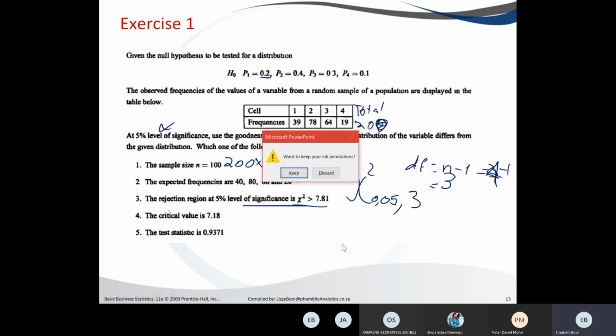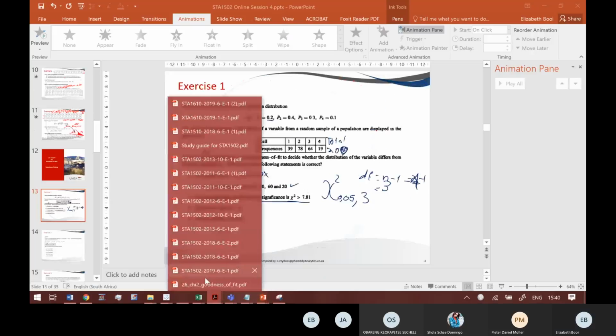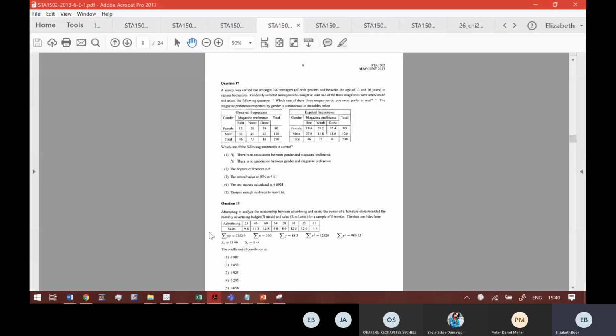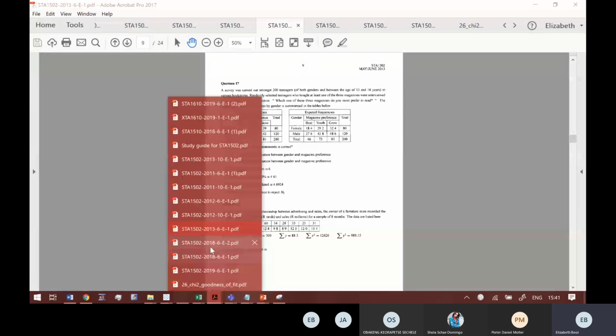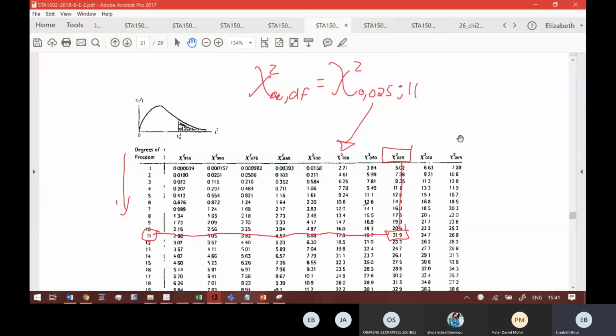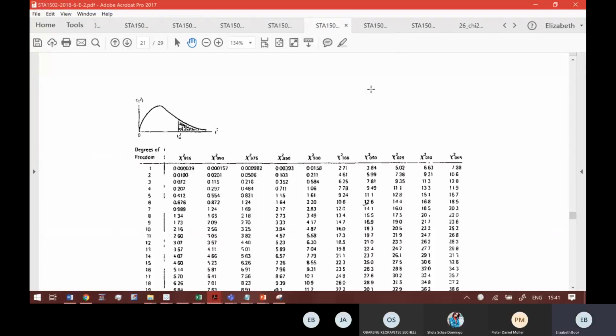Then we go to the table. We come to the table and we look for chi-square 0.05 here at the top, and the degrees of freedom equal to 3 on the side.